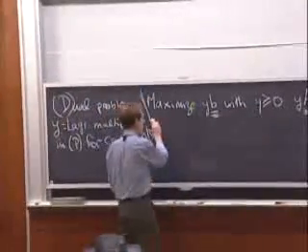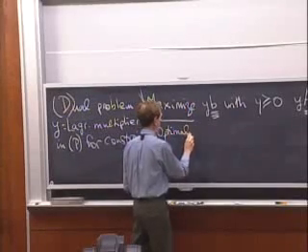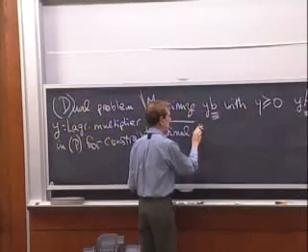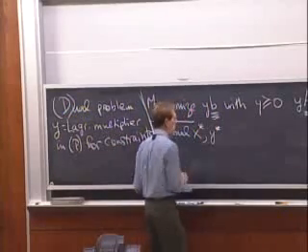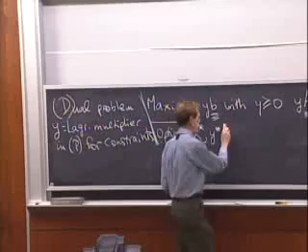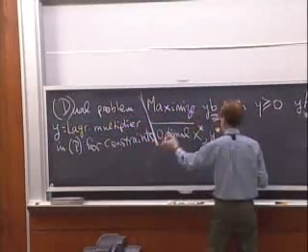So at the optimal X, let me call it X star, and Y star, we have min equal to max.